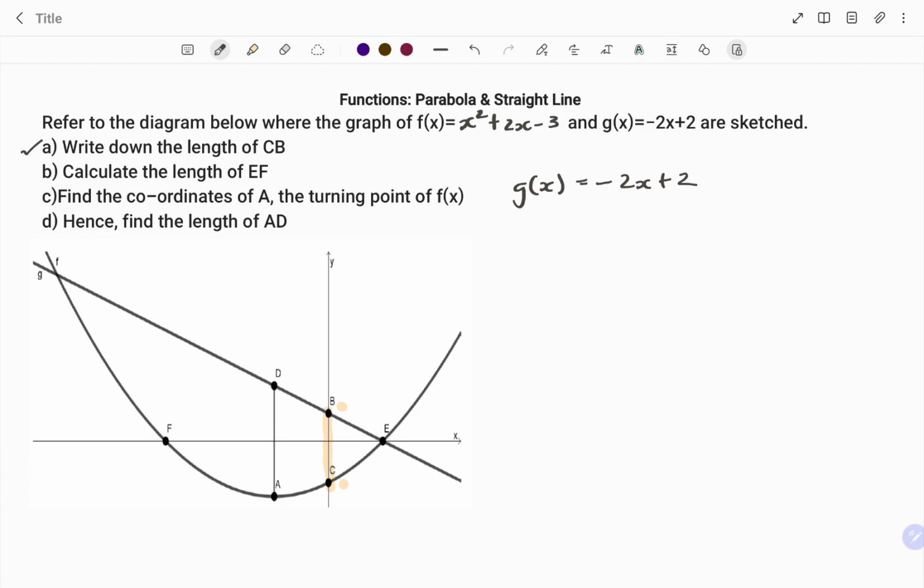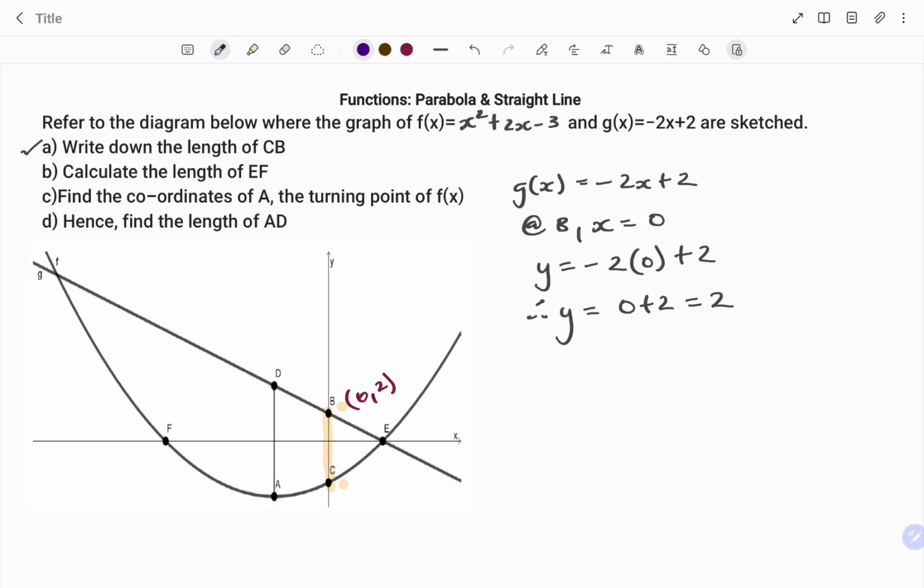Because at B the value of x is 0, we replace x with 0. So g of x, or your y, equals minus 2 times 0 plus 2. Therefore, the y coordinate will be 0 plus 2, which equals 2. I'm going to put that in the diagram. So the coordinate of B is x is 0, y is 2.